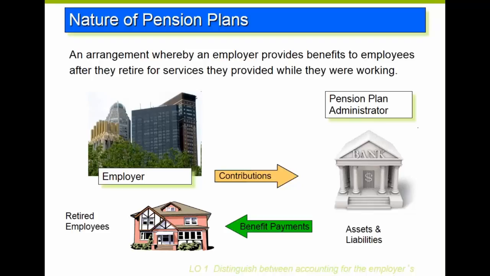That money is then submitted to a pension plan administrator. The pension plan administrator is then responsible for making the payments to you. And these benefit payments to you come at a point when you actually retire. The key point is the fact that the employer does not hold this money.